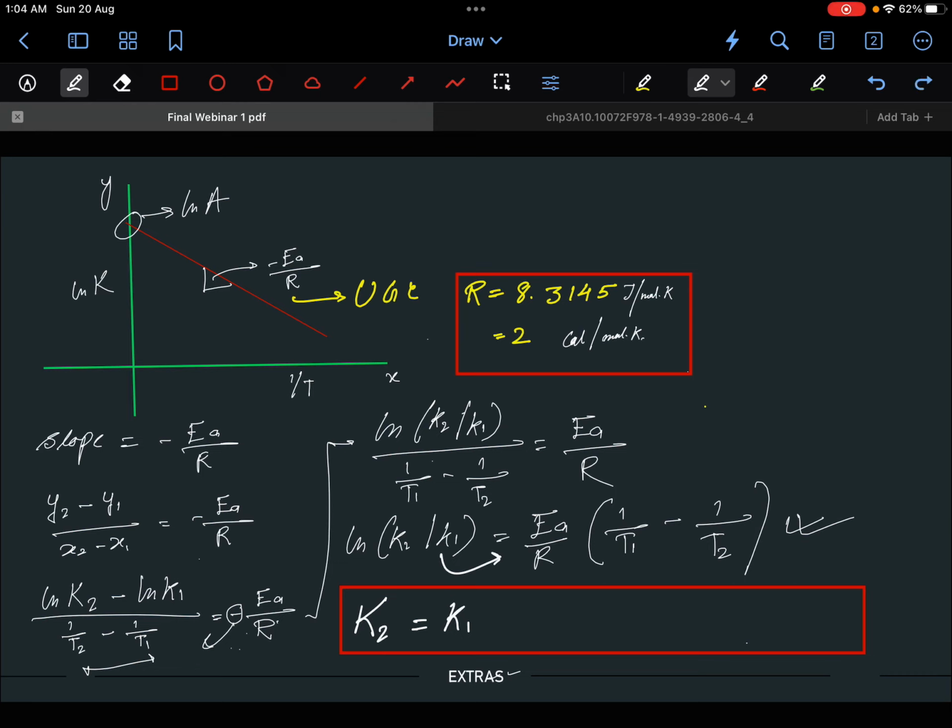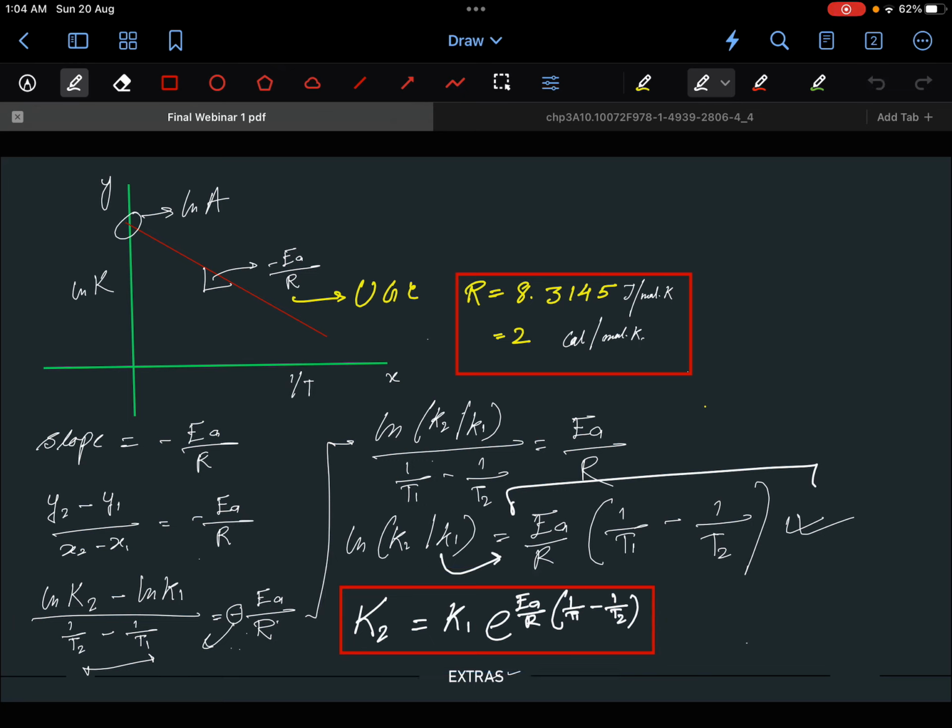And what will be the anti-log? Ln means the base is e, so e to the power this total part, e to the power Ea by R into 1 by T1 minus 1 by T2. This is how you find k2, right?